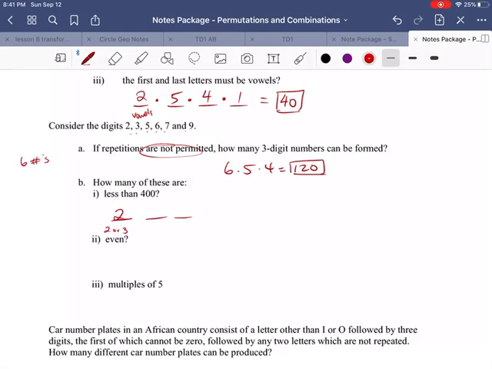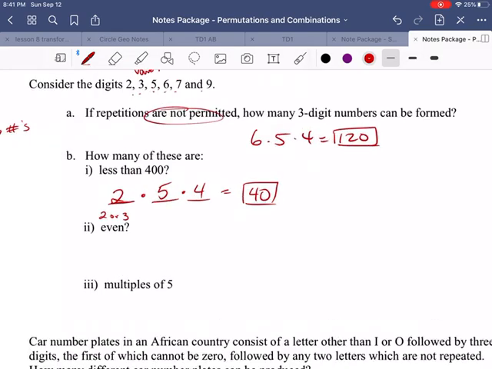Now, if it's 2, the next digit could be 3 again, or vice versa. If it's 3, the next digit could be 2. So that means for the next spot, we've got 5 options, all right? And then lastly, we've got 4. So 2 times 5 times 4 gives us 40 ways to do that.